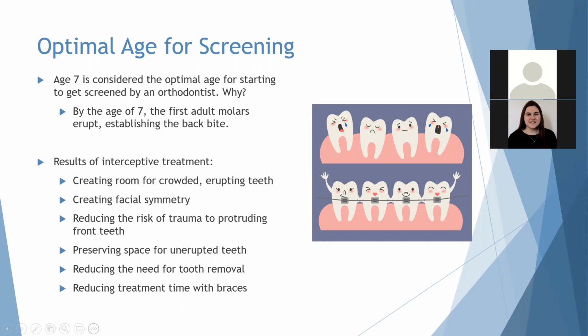It can reduce the need for tooth removal in the future. It can reduce treatment time with braces, and overall it's much better because when children are young, or like when we're young, our bones can be aligned more easily, can move more easily.